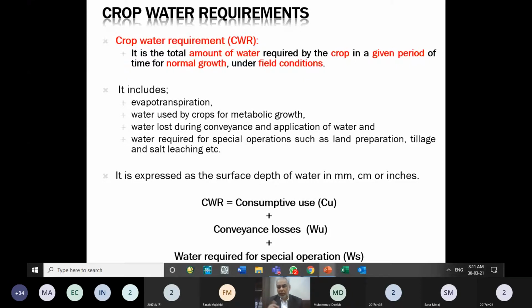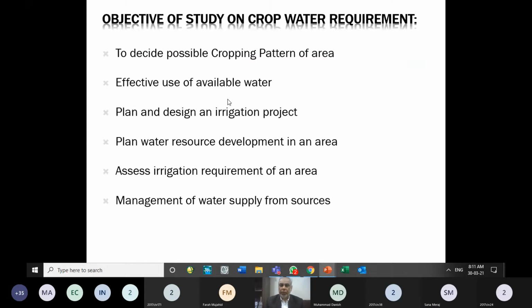That can be converted into volume easily by multiplying with the area on which that depth of water is being applied. So the quantity of water required by the crop in a given period for its growth under the field condition is called crop water requirement, CWR.